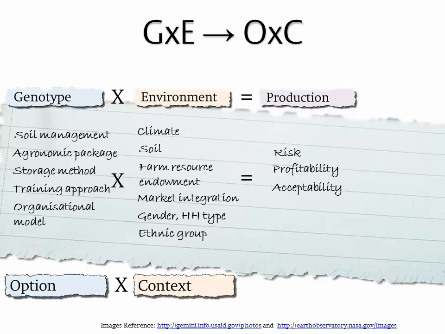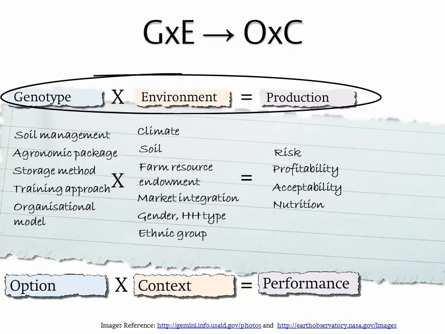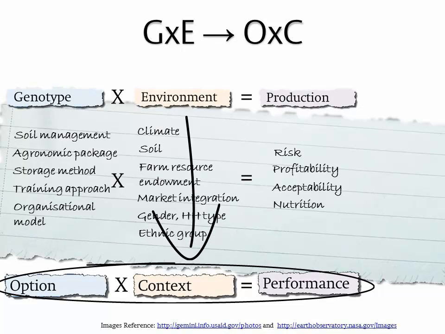And they might be interested in outcomes beyond the farm, such as impacts on nutrition. So we describe these as performance. So rather than just thinking about genotype by environment interaction and the way that that determines production, we think more broadly of option by context interaction and the way that that determines performance of the farming systems.